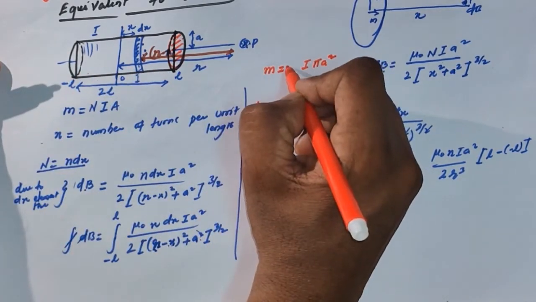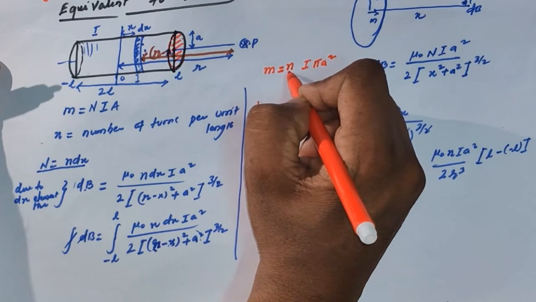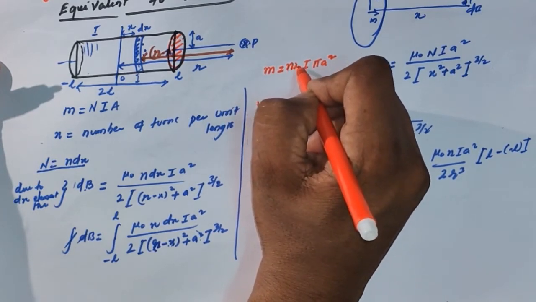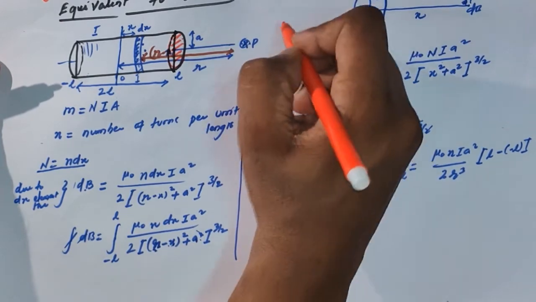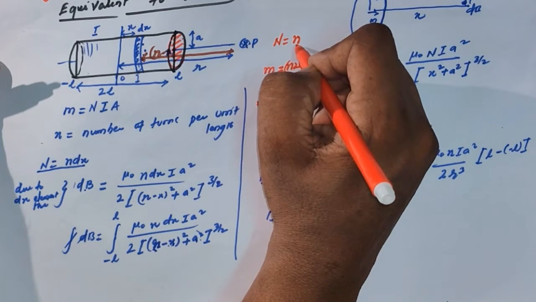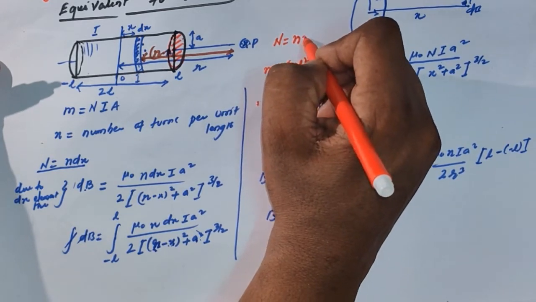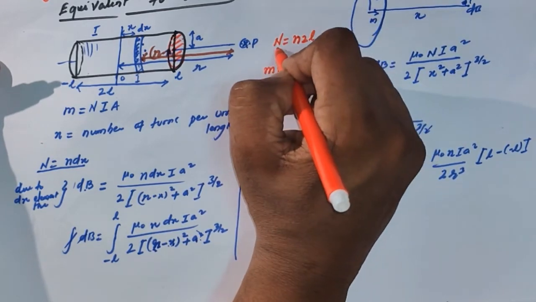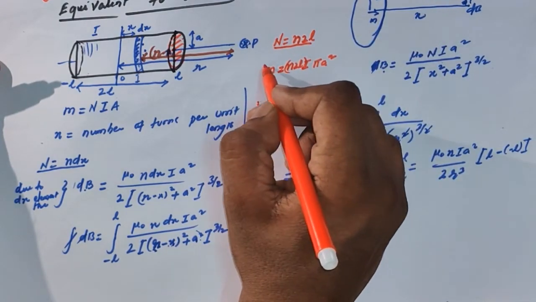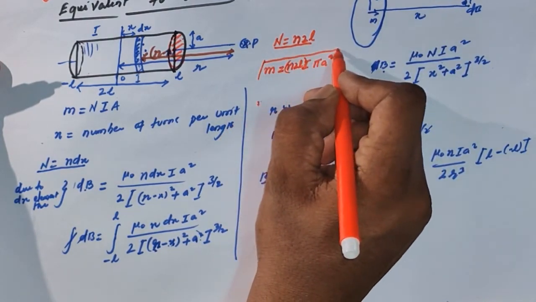That would be the number of loops per unit length times the length 2L. So the total number of loops in the solenoid is n times the total length of the solenoid, times I times πa². This would be the magnetic moment of the solenoid.